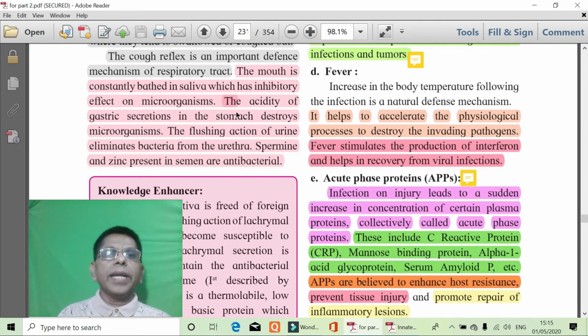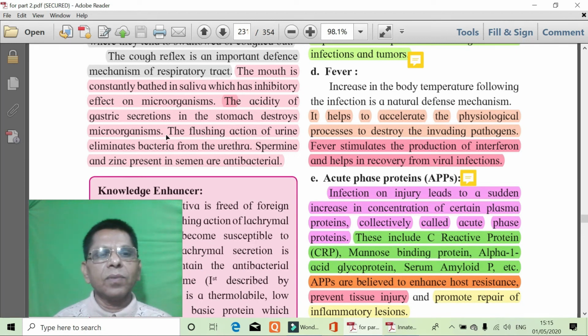Next to this, it has been mentioned over here, the acidity of the gastric secretion in the stomach destroys microorganisms. So in the stomach, as you know, hydrochloric acid is present, which is secreted by the parietal cells of the gastric glands.